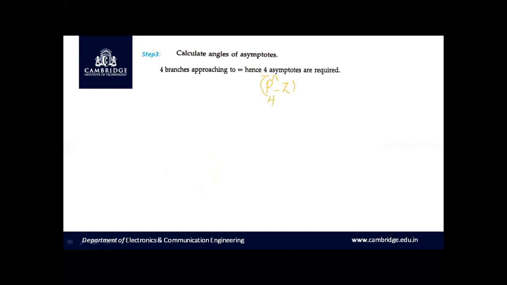As p is equal to 4 and z is equal to 0 here, 4 asymptotes are required to guide all the branches which are emerging from 4 poles to reach infinity. The asymptotes are the ones which are going to guide these branches emerging from the poles, starting from k equal to 0 towards infinity.